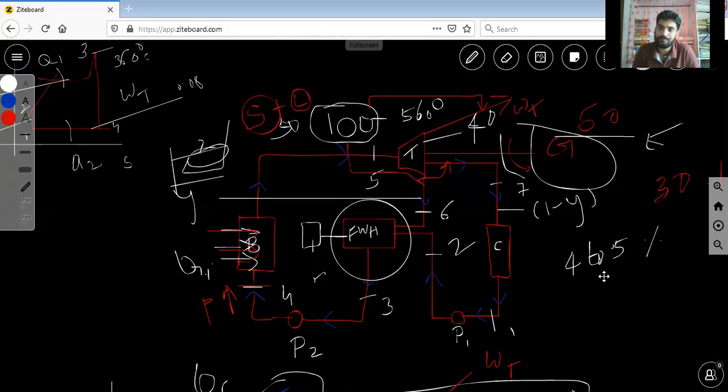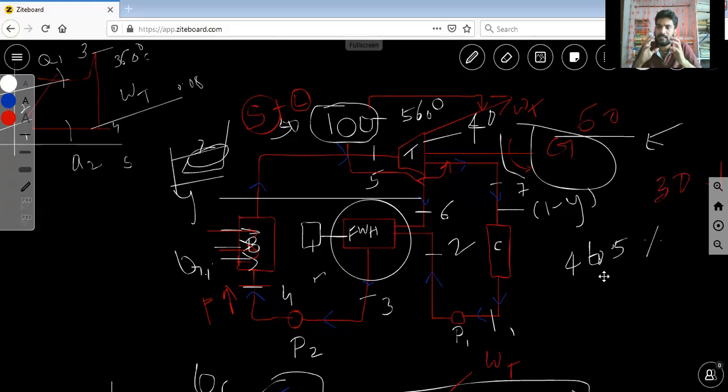Finally, you also reduce the rejection of steam from the steam turbine.